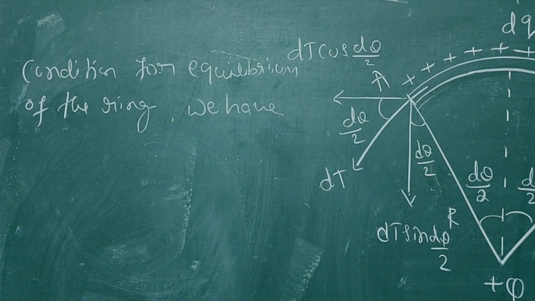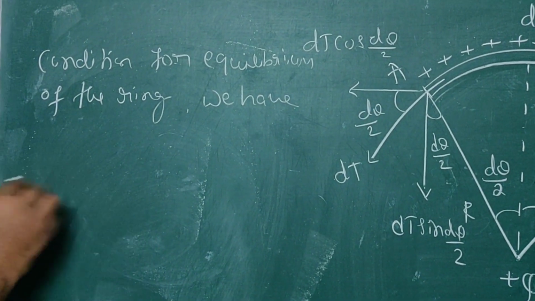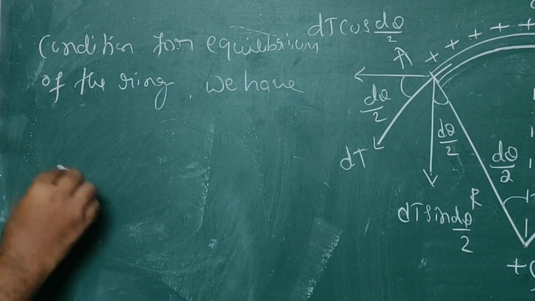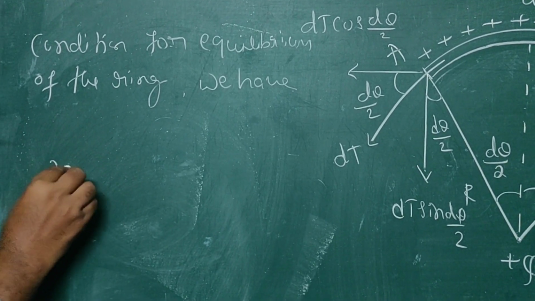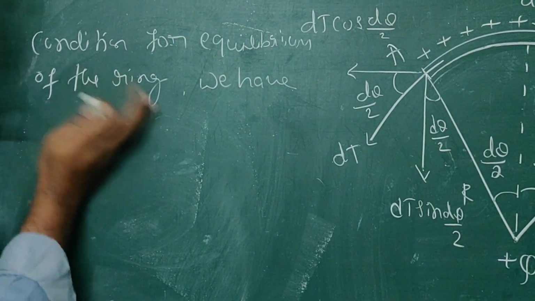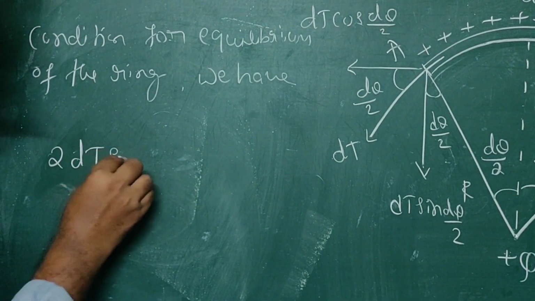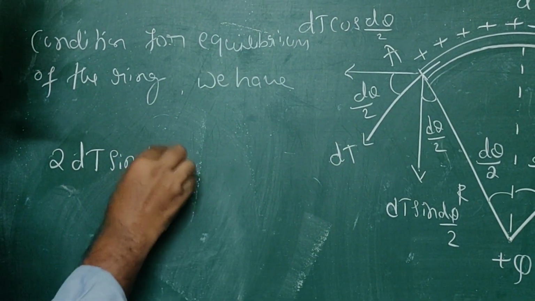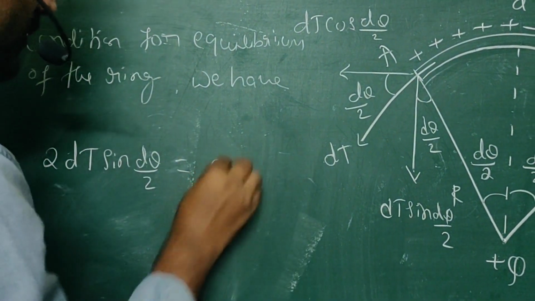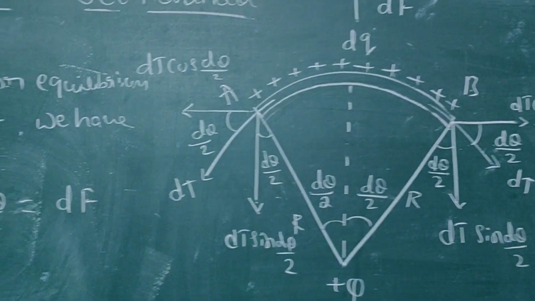Condition for equilibrium of the ring: the net downward force is 2 dT sin(d theta by 2), which equals the net upward force, the electrostatic force.